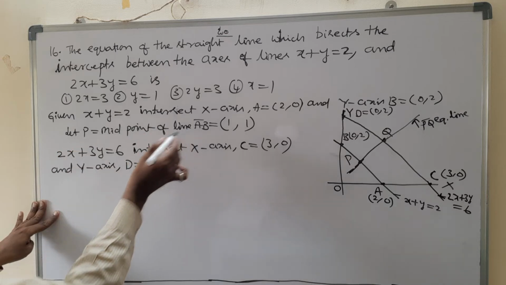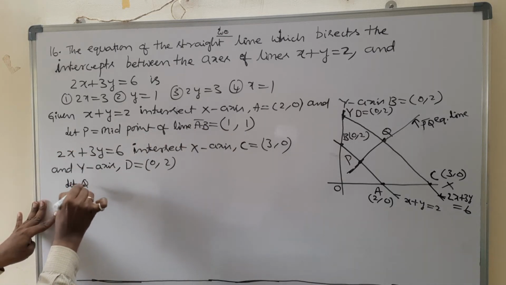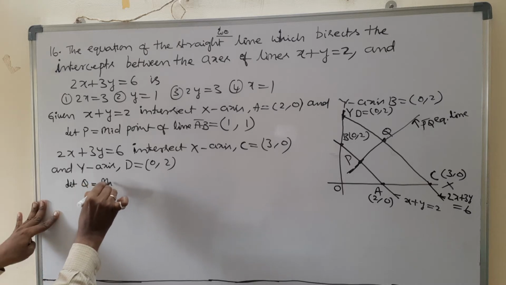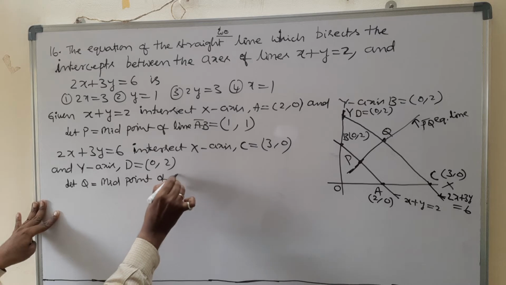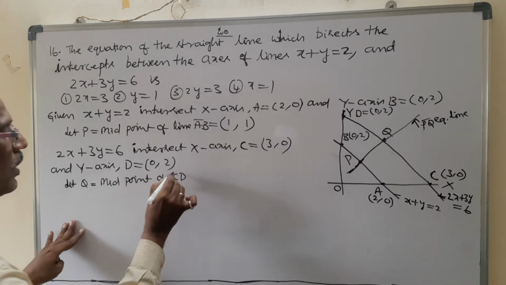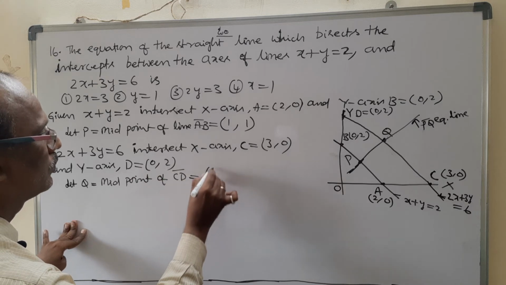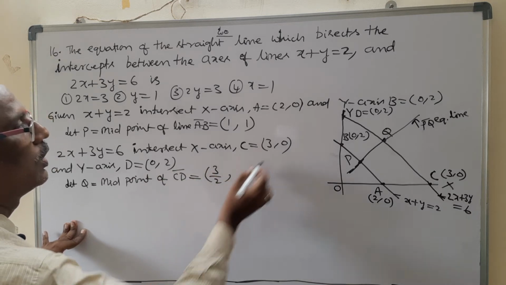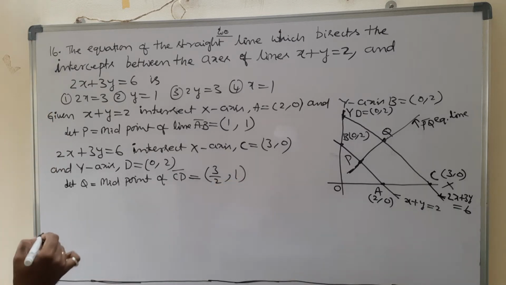Let P equal to the midpoint of AB, let Q be equal to the midpoint of CD. Same formula: 3 plus 0 by 2, 3 by 2; 0 plus 2 by 2, 1. So (3 by 2, 1).